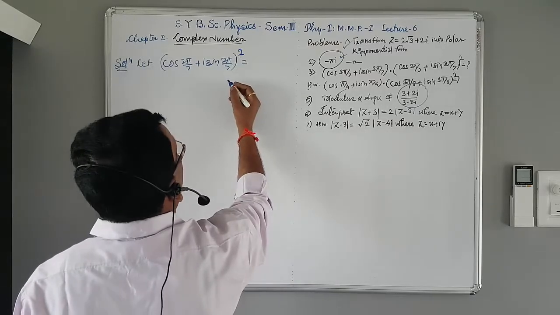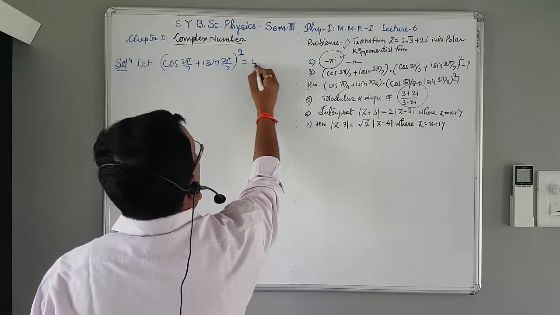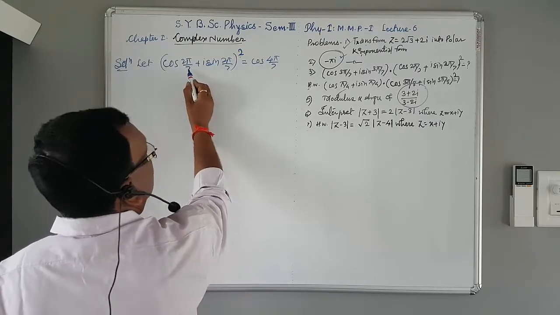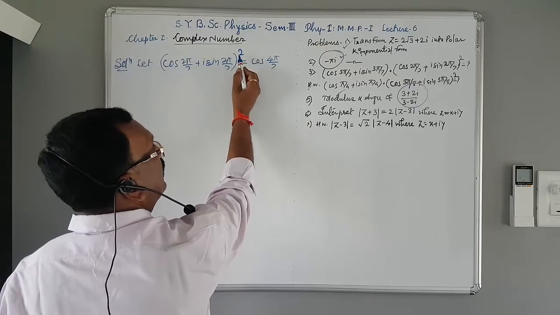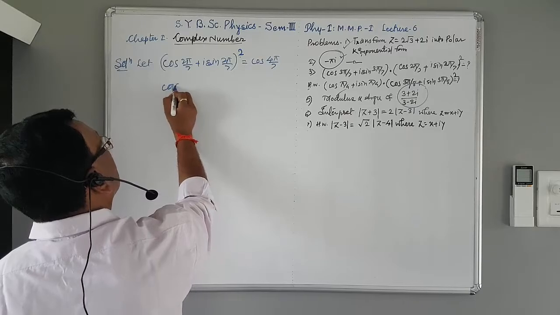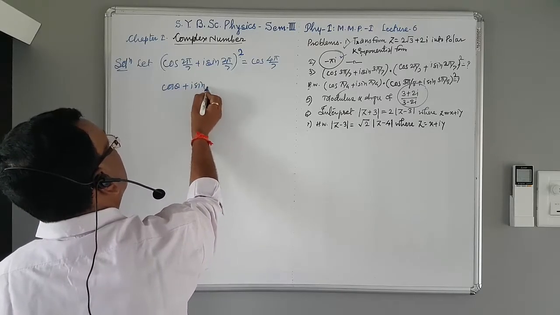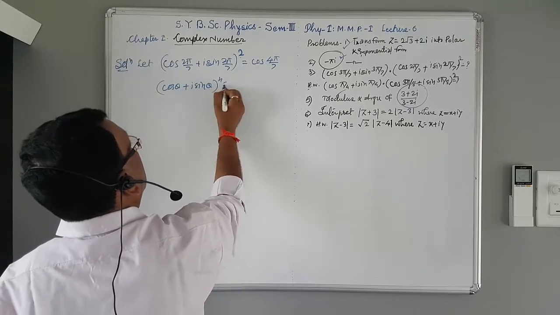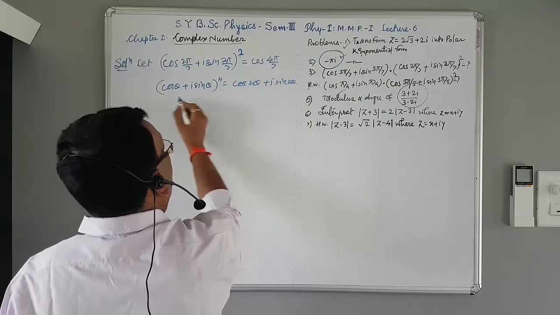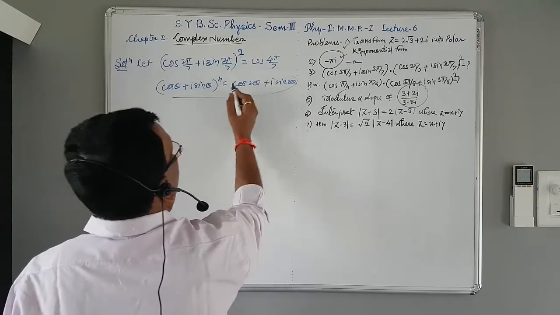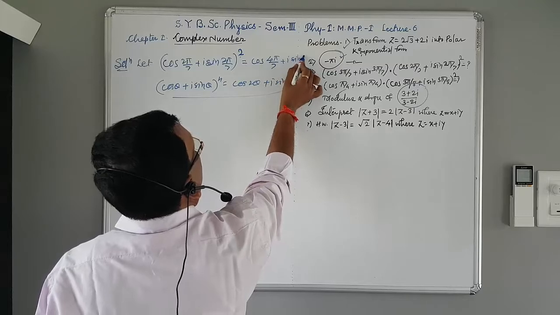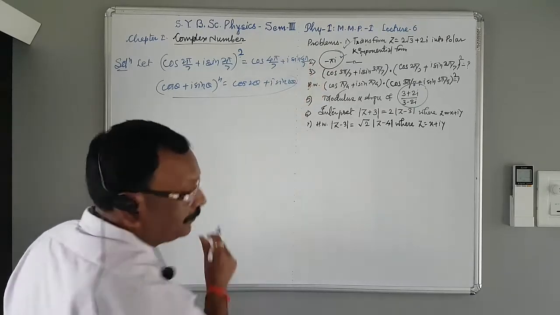According to de Moivre's theorem, we can write cos 4 pi by 7, that is n theta. Again, we are going to remember what de Moivre's theorem is: (cos theta plus i sin theta) raised to n is equal to cos n theta plus i sin n theta. According to this theorem, we have cos 4 pi by 7 plus i sin 4 pi by 7.